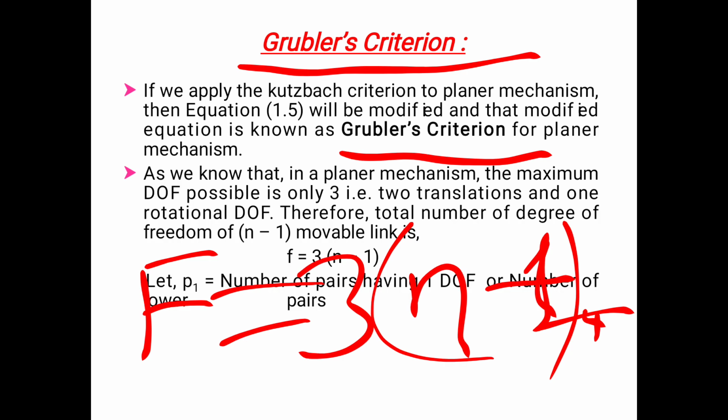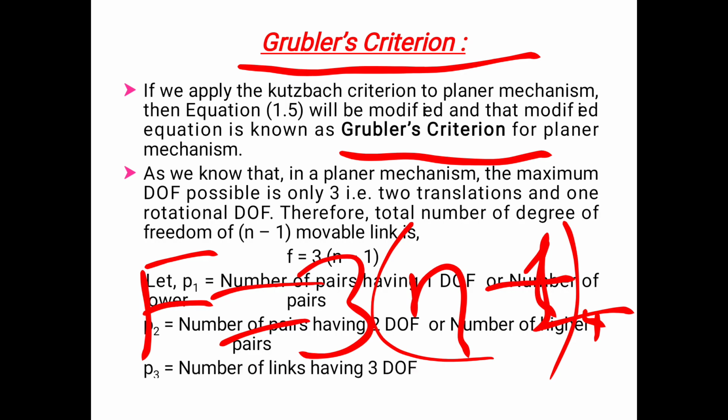Now, if there is one restriction applied, the number of restraints is 1. p1 will be the number of pairs having 1 degree of freedom, p2 similarly the number of pairs having 2 degrees of freedom, and p3 the number of pairs having 3 degrees of freedom. So if the number of restraints is 1, the degree of freedom will be reduced to 2.